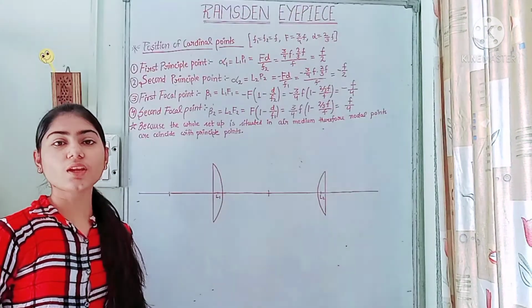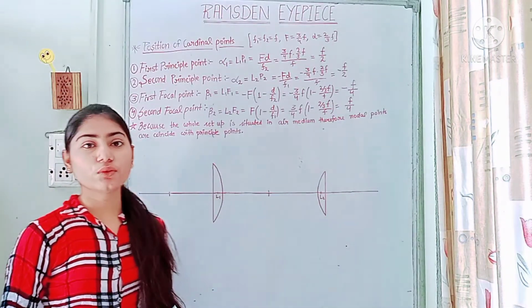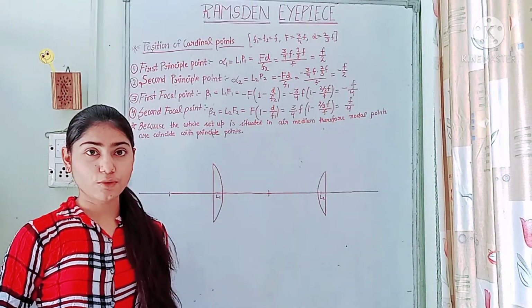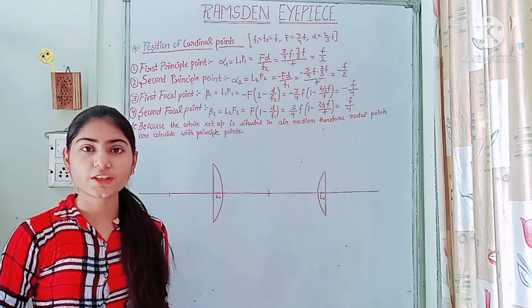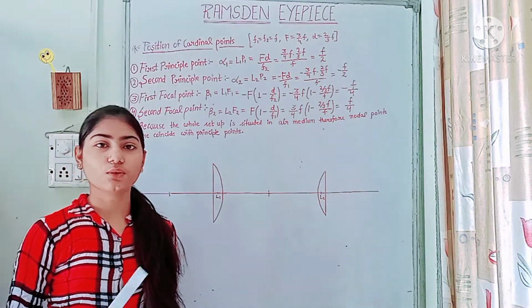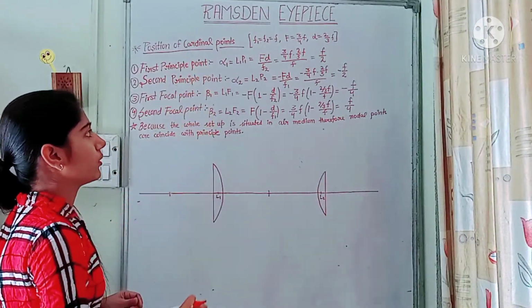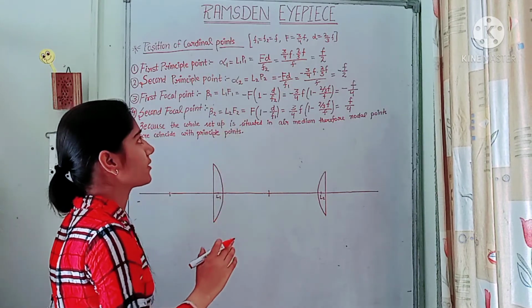Now we discuss cardinal points. We know there are 6 cardinal points: the first principal point, the second principal point, the first focal point, the second focal point, and 2 nodal points. First of all we discuss the first principal point. Alpha 1 gives you the first principal point distance.